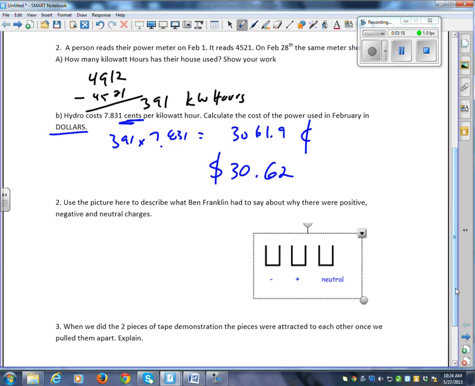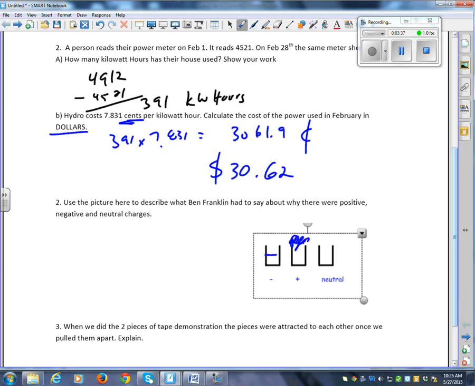Use the picture here to describe what Ben Franklin had to say about why there were positive, negative, and neutral charges. At the very least, you need to show this.